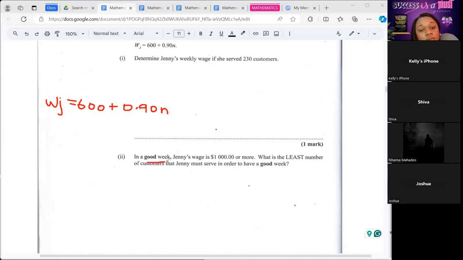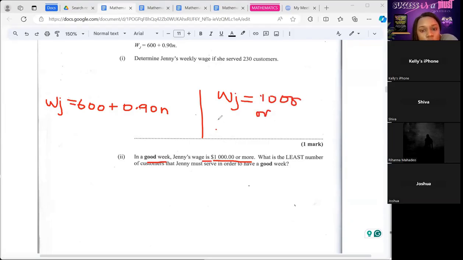They're saying in a good week, Jenny's wage is 1,000 or more. In other words, in a good week, her wage, WG, which represents her wage in that formula, is either equal to 1,000. That's what the "is" part is saying.